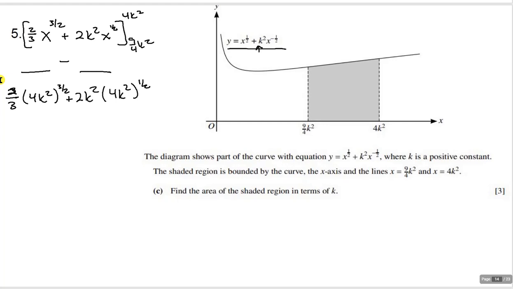And so when I go and multiply this, well, first I have to do the powers first. So 4 to the 3/2 is going to be 8. And then when I do k and I multiply these exponents, 3/2 times 2 is going to equal 3. So that's going to give me k to the 3rd.